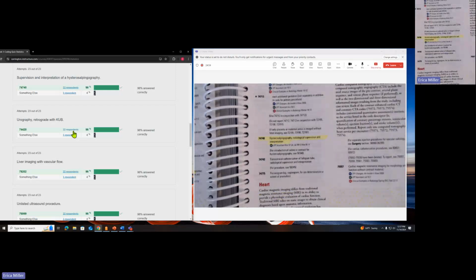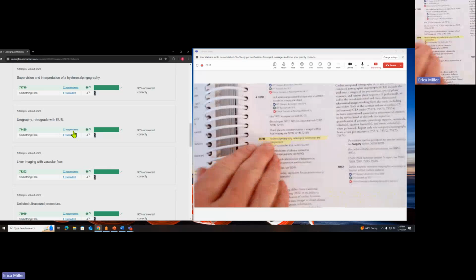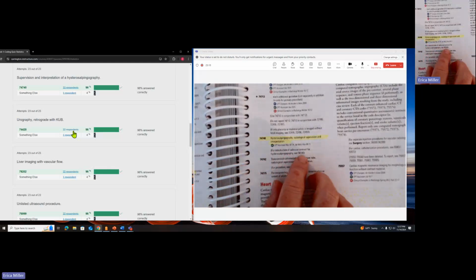And again, here we go with the parenthetical notes. It says, for introduction of saline or contrast for a hysterosalpingography, see 58340. So if that happened to be applicable to your coding scenario, and it included the introduction of saline or contrast material, then your book is guiding you to go check out and use this code as well.